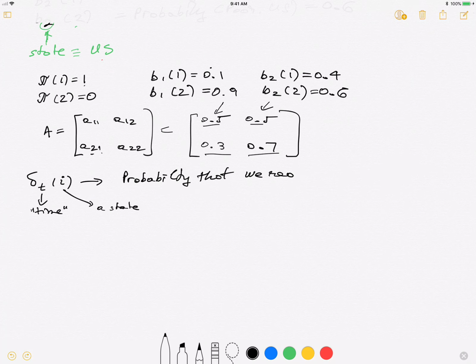This is not a proper definition. So what's delta t of I?